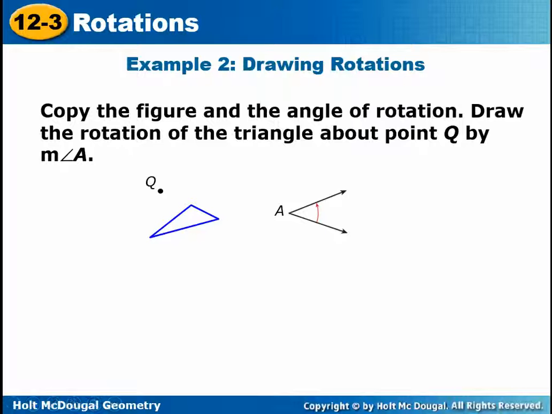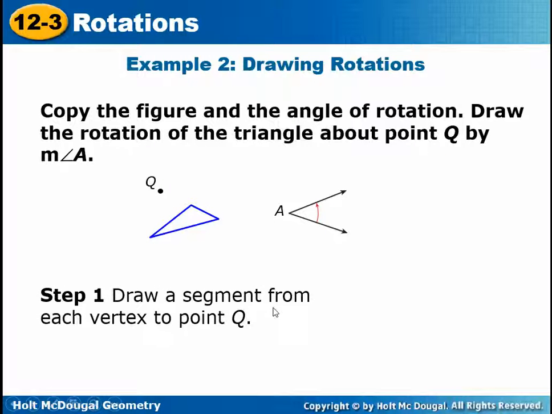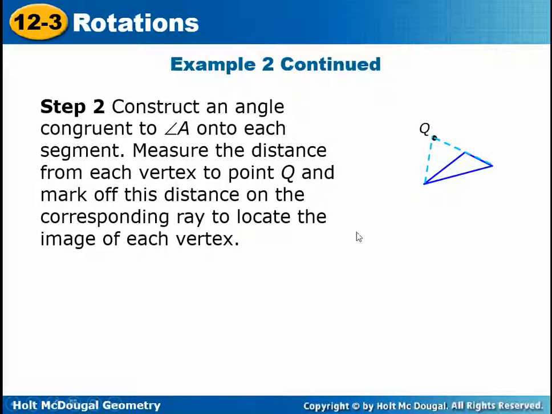All right, so let's look at how this is done. We have this figure right here, this blue triangle, and they wanted to rotate it about point Q. So you would start by drawing a segment from each vertex to point Q. Next, you would construct an angle congruent to angle A onto each segment.